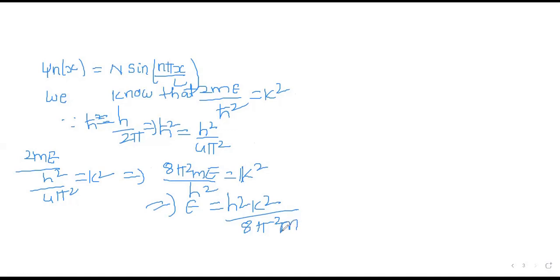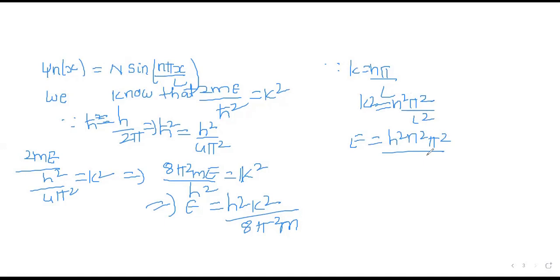Here k is n pi by L, so k square is n square pi square by L square. So what you can write is E is equal to h square n square pi square by 8 m L square.